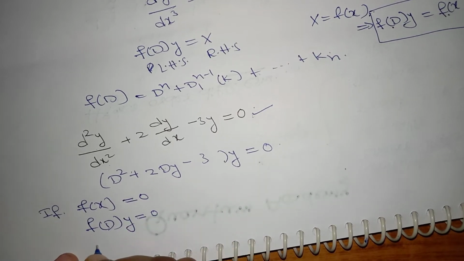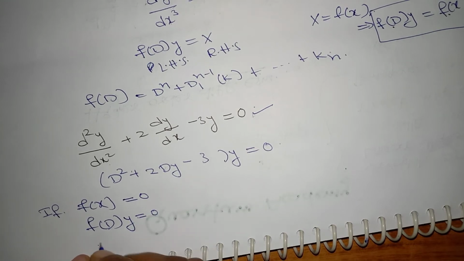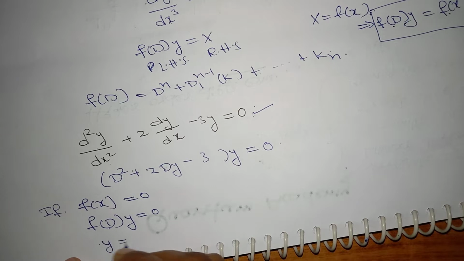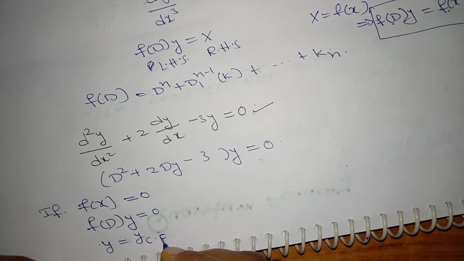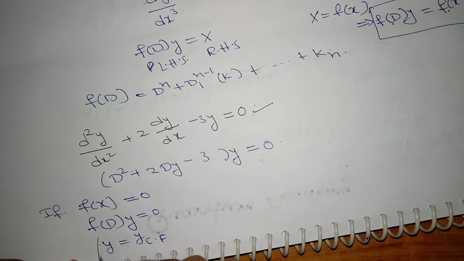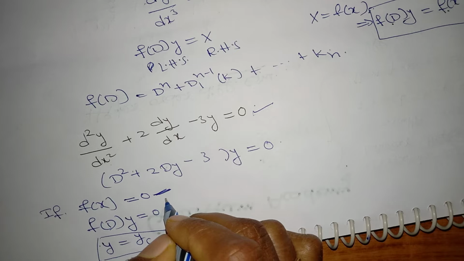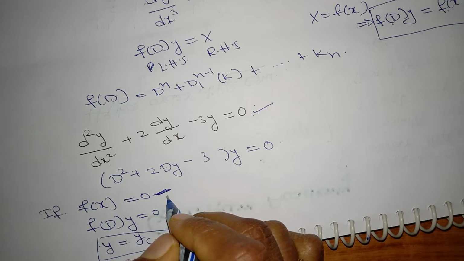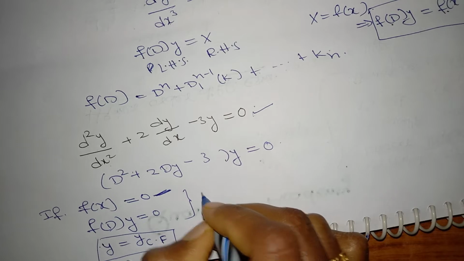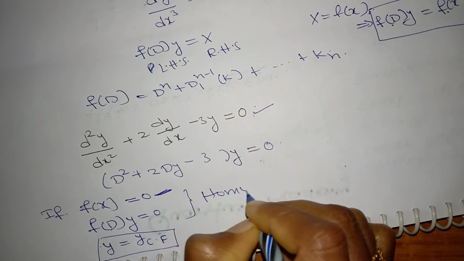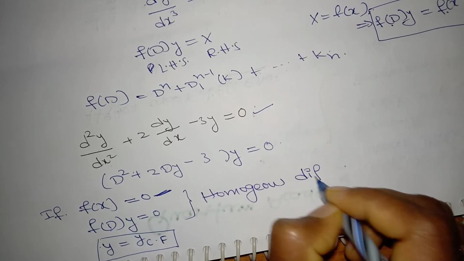Then the solution of this equation will be y equals the complementary function. If the right hand side of a linear differential equation is equal to 0, then that equation is said to be a homogeneous differential equation.